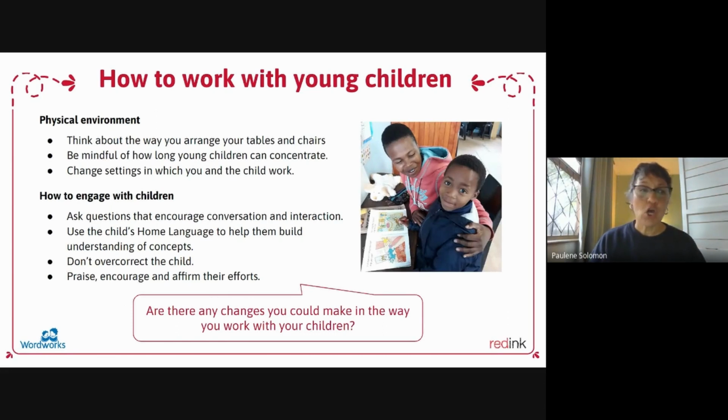And then these last two points on this slide are something that you would have heard us say all the time. It's how we know children work. Children work when they get good feedback. Children learn when they get good feedback. They learn when what they are doing is affirmed and not overcorrected.